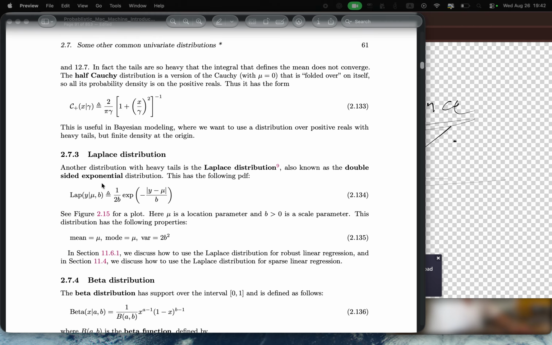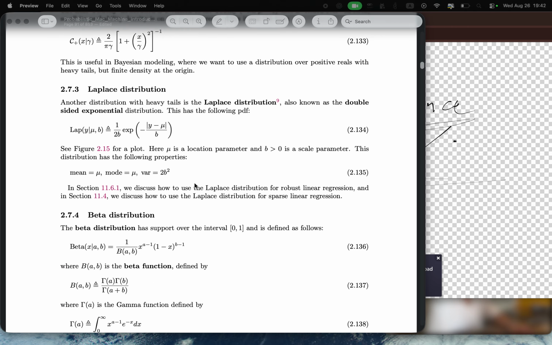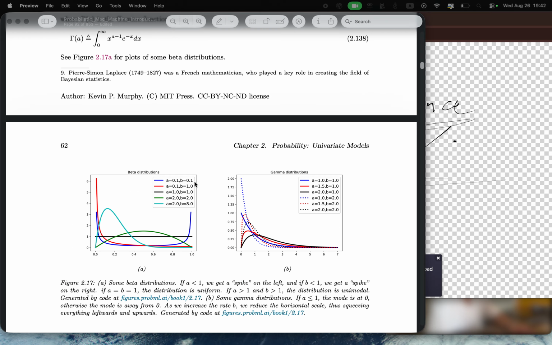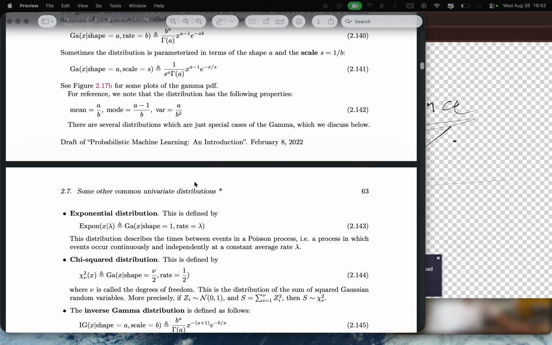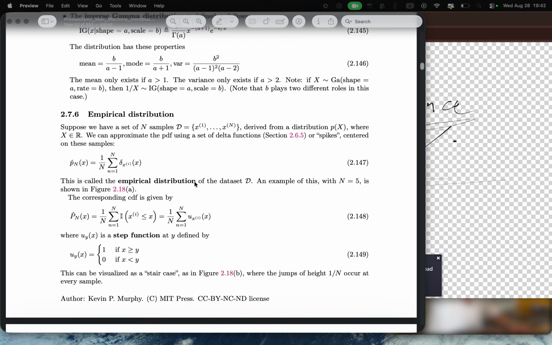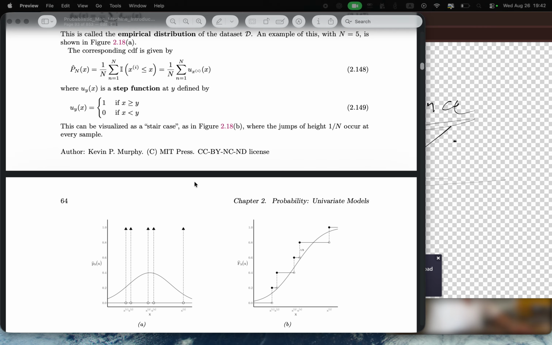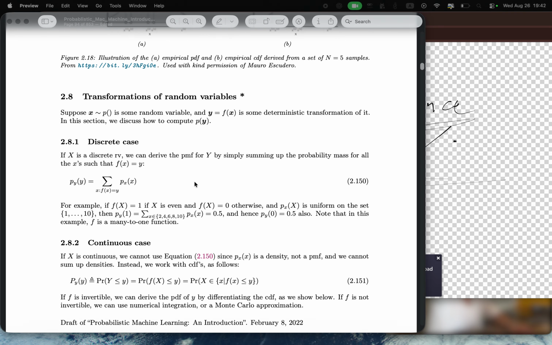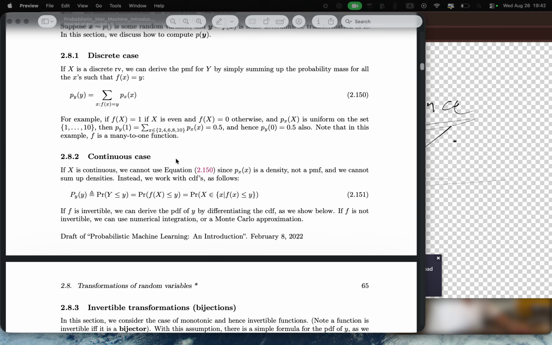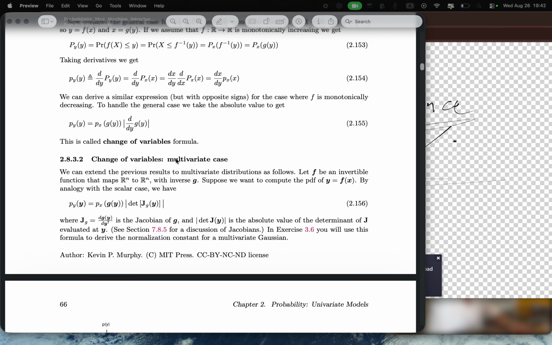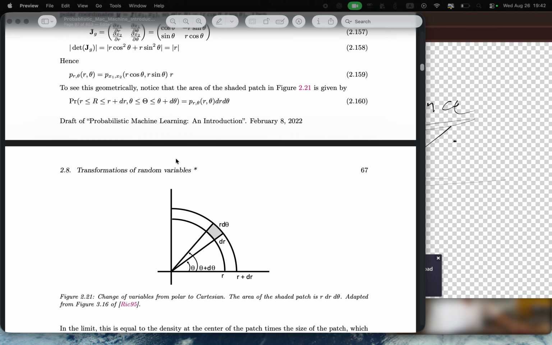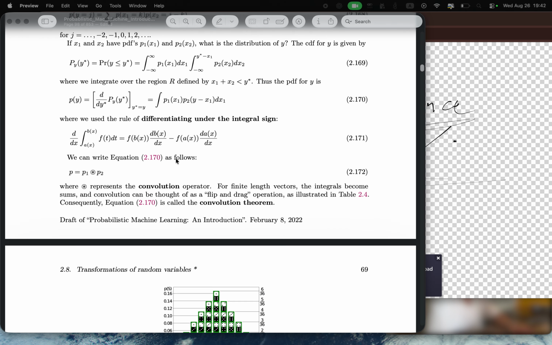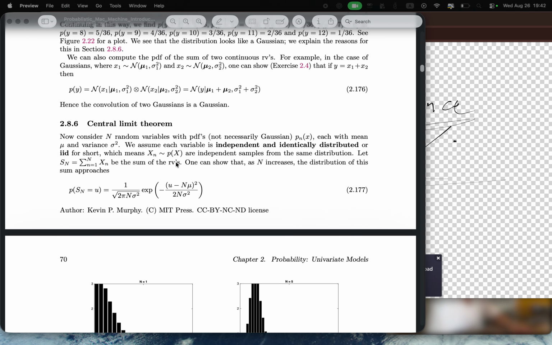And there are the Laplace distribution, the double-sided exponential, and the beta distribution. Maybe these are not as important as what we discussed. Of course, these are important, but not of as immediate use.